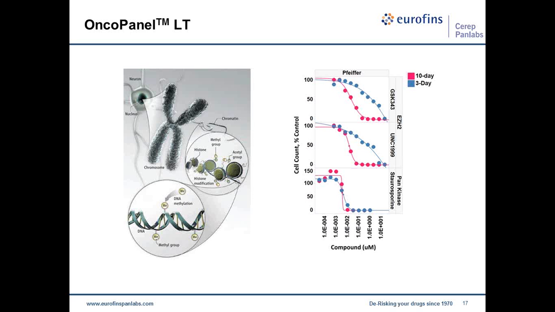You can see for both EZH2 inhibitors, there's little activity detected in 3 days, whereas the potency of these compounds is significantly shifted to the left with longer incubation. And on the bottom, this is contrasted with staurosporine, which has no particular genomic predisposition, where the 3-day and 10-day assay results are the same.